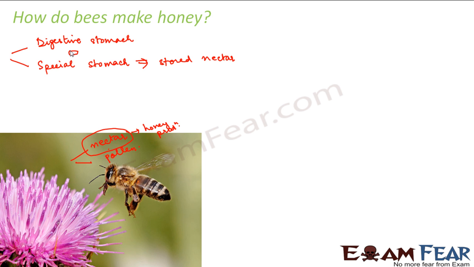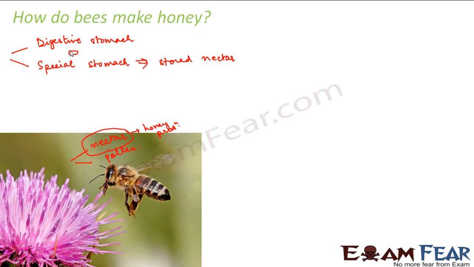But in case of emergency, let us suppose the bee is extremely hungry and there is nothing in its digestive stomach, that valve opens, and the nectar stored in the special stomach will come to its digestive stomach, and it will feed upon that nectar. So the bee will use the stored nectar only during emergencies. Otherwise, the nectar will keep on getting stored in the special stomach.